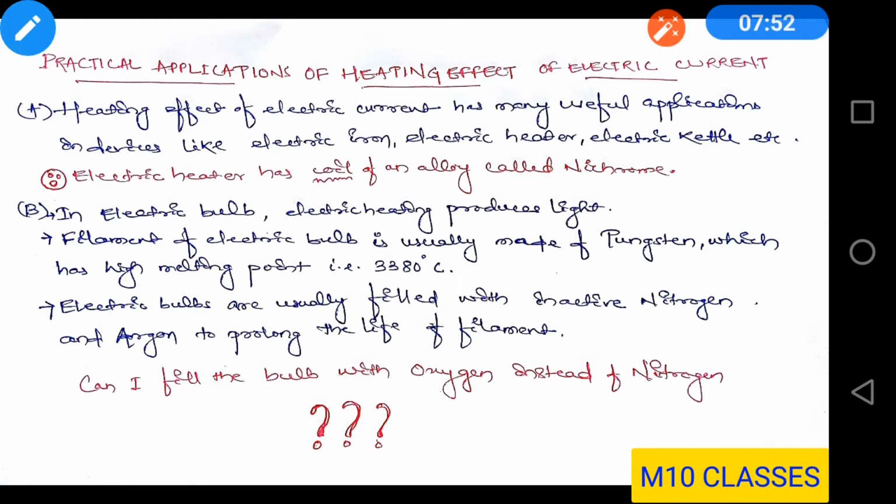And the coil of the heater is made of an alloy, which has more resistance. From Joule's law of heating, H equals I squared R T. That means if the resistance is more, then the heat produced will be more, and that is why the coil heats up rapidly.